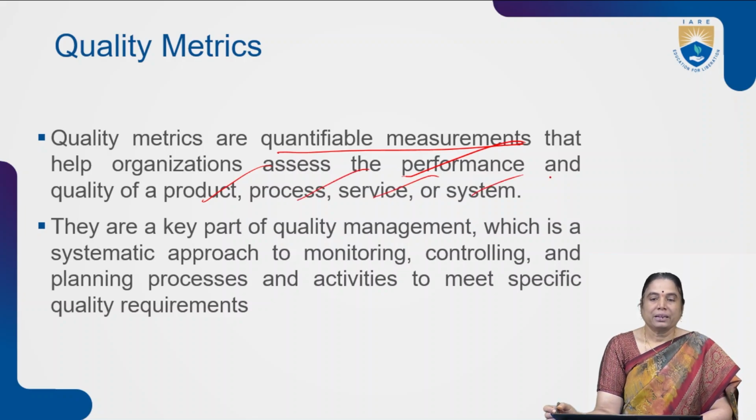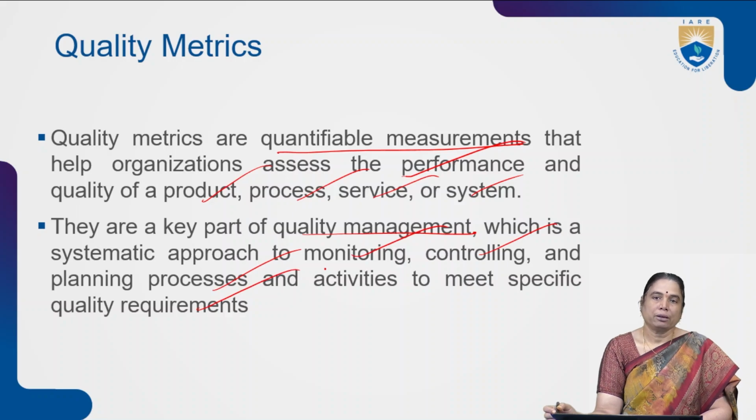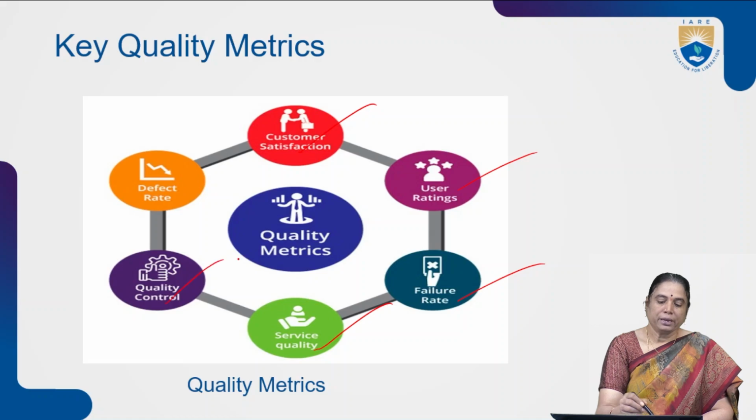They are a key part of quality management, which is a systematic approach to monitoring, controlling, and planning processes and activities to meet specific quality requirements. Key quality metrics are customer satisfaction, user ratings, failure rate, service quality, quality control, and defect rate.